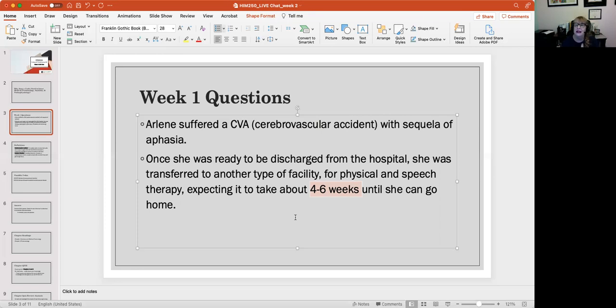So 4 to 6 weeks until she can go home. That is a clue to you to go check what you learned about short-term care facilities and long-term care facilities, because both of those facilities have a general scope of the time expected for treatment in that facility. I'm not going to tell you the answer. I want you to go look it up, because that way you'll remember. If I just tell you, you go, oh, okay, that makes sense.